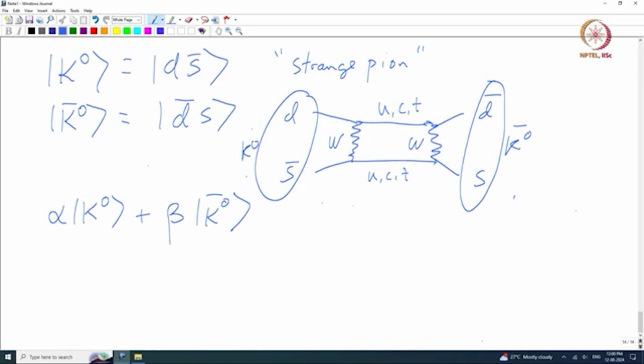Depending on the experiment that I am doing, depending on the measurement that I am making, I can measure various combinations of K0 and K0 bar, okay, depending on exactly what eigenstate I want to measure, the eigenstate of what operator I want to measure. That is what a measurement ultimately means, correct.